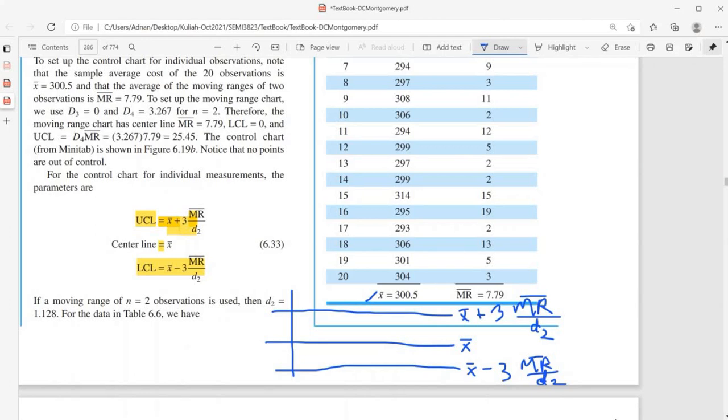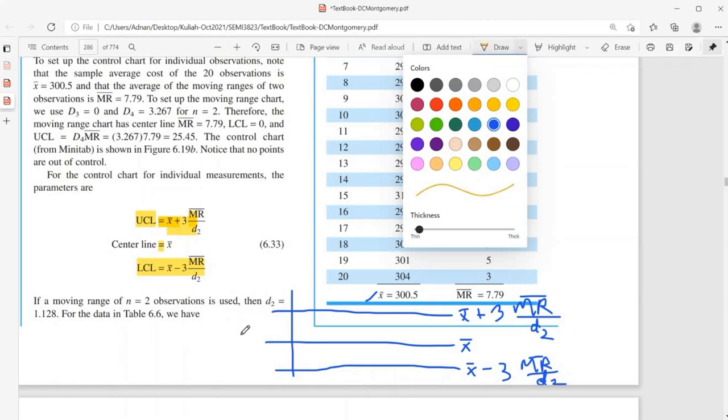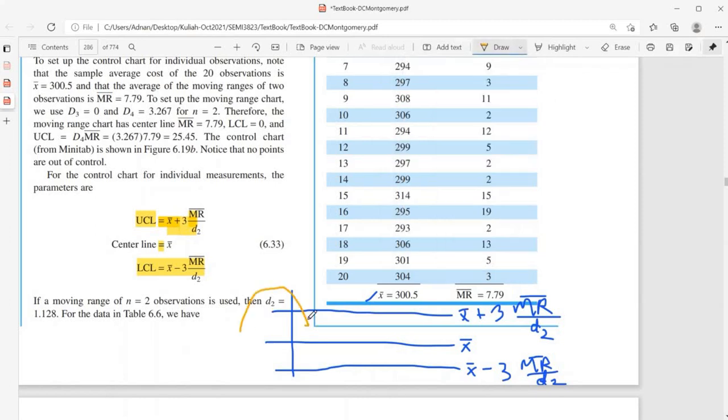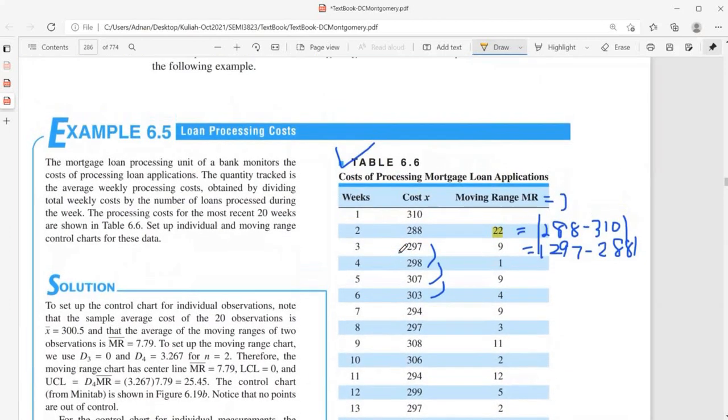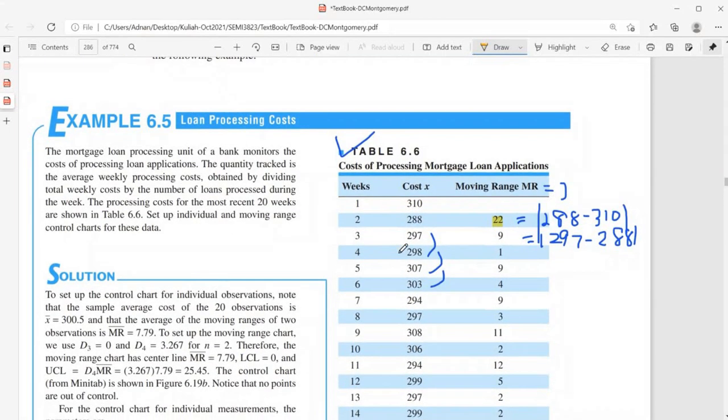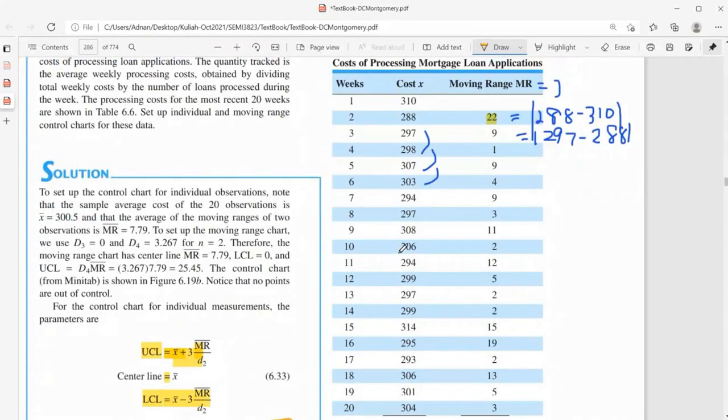And then we plot. What do we plot inside the chart? We plot the MR values.